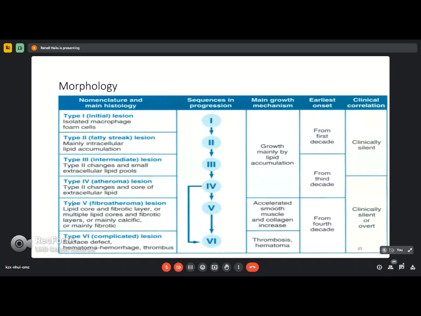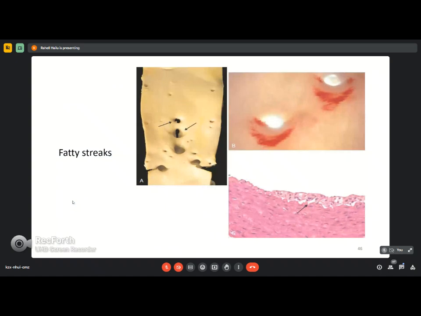Type 5 is when it becomes much more stable with the coming of the smooth muscle cells, and the smooth muscle cells tend to deposit collagen fibers, so they produce the extracellular matrix that supports the plaque lesion that we're talking about. And type 4 is a more complicated lesion that is associated with thrombus formation.